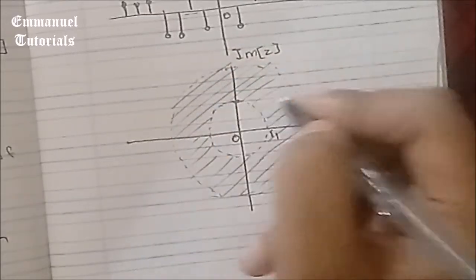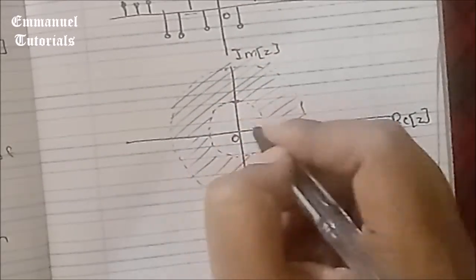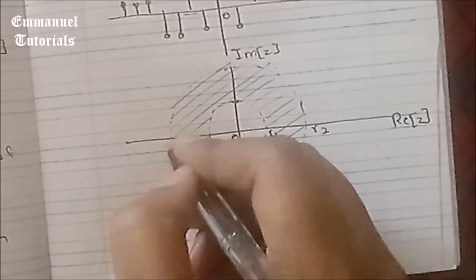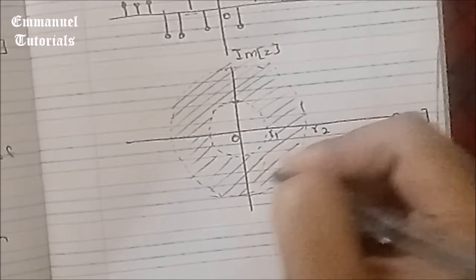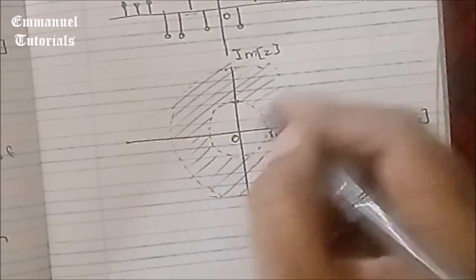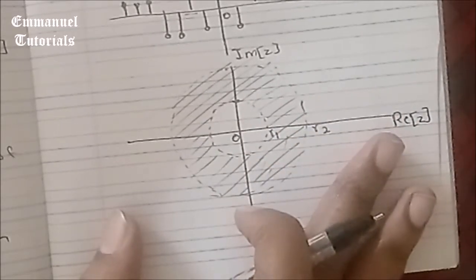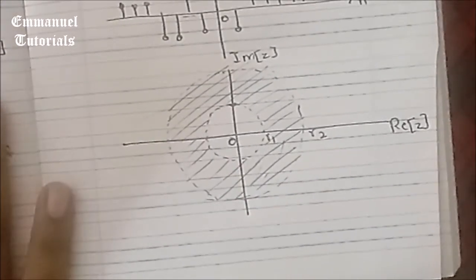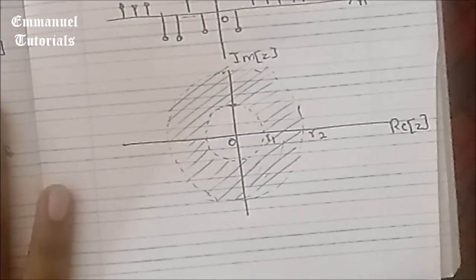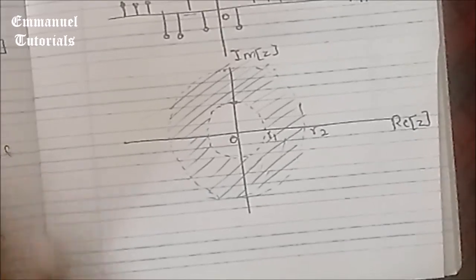So it will be something like a donut shape, with a hole in between, and outside also it is empty, and the area is shaded in between both the radii. This is how you can find it easier to solve ROCs or to draw ROCs for the signals that are given to you to solve.